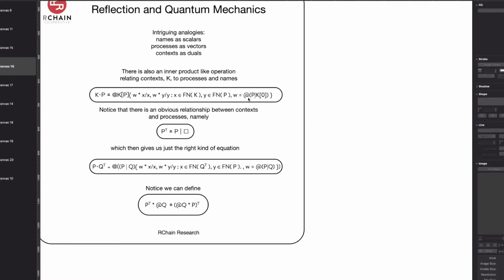We know that none of the free names of P can be equal to W. So W will not collide with any of the free names of P. And also none of the free names of K can be equal to W. Again, this is by construction.